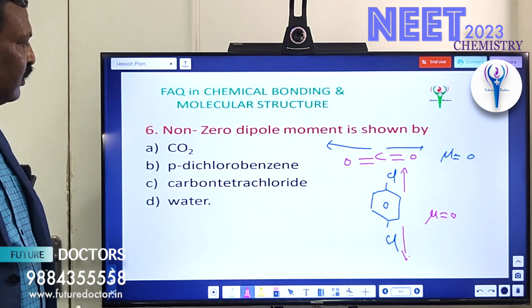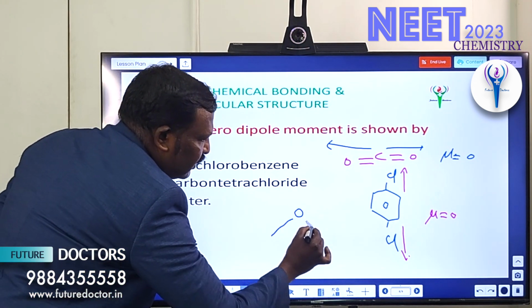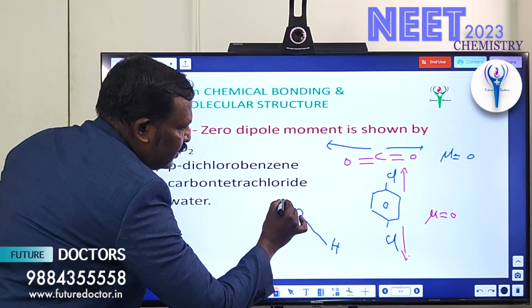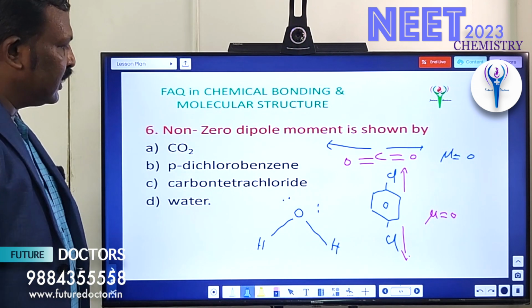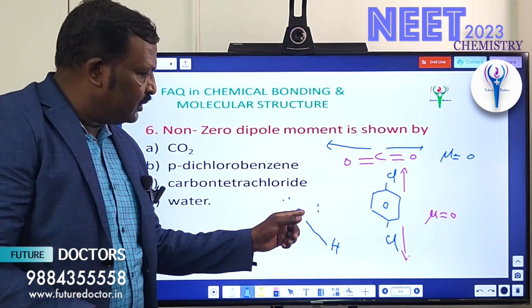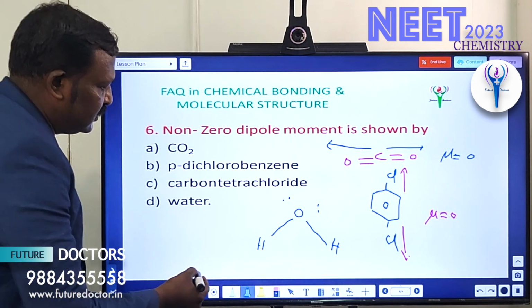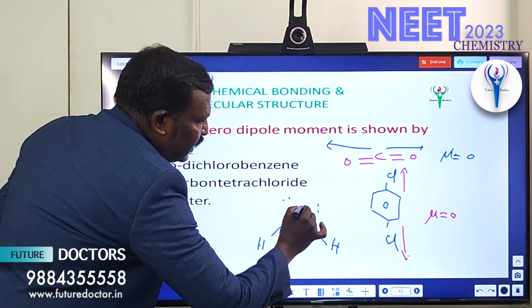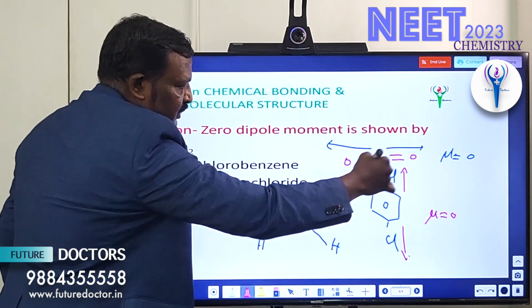But in the water molecule, with O in the middle, it has a bent shape. Here a lone pair of electrons is present. Understood? When compared to the element, the lone pair has more tendency to attract electrons, so we put the arrow mark like that. We put an arrow mark in this way; it attracts electrons towards that direction.